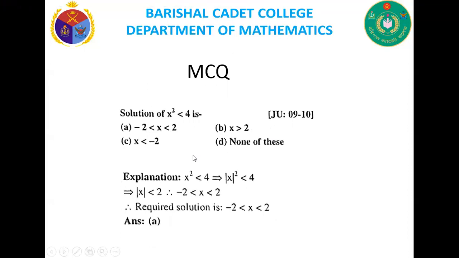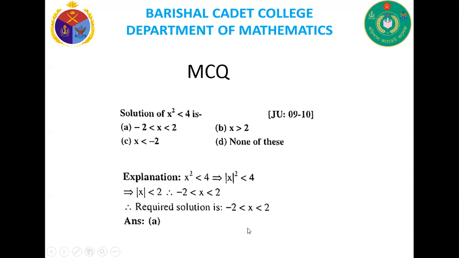we see the explanation. We are given that |x² − 4| < 4. So what we can write, |x|² < 4. So x must be less than 2. So what we can write, −2 < x < 2.